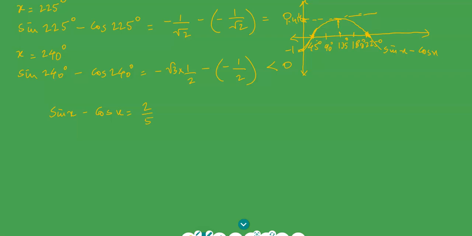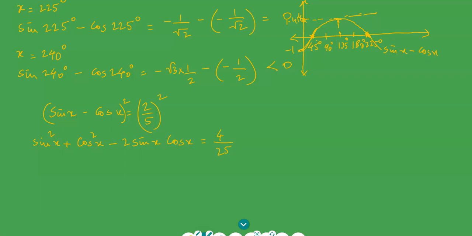And if we square both the sides, we get sin square x plus cos square x minus 2 sin x cos x is equal to 4 over 25.